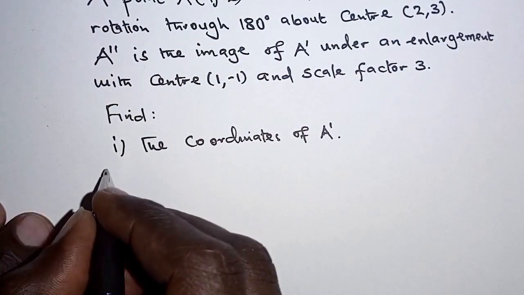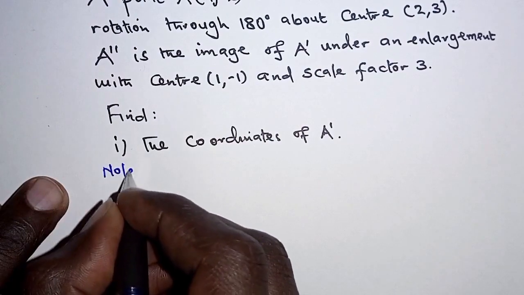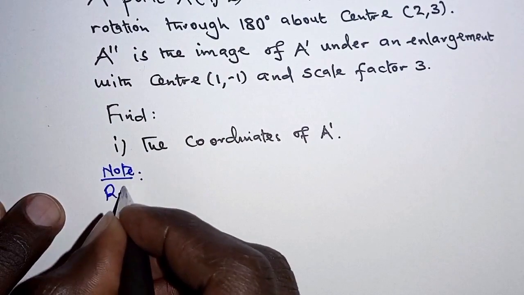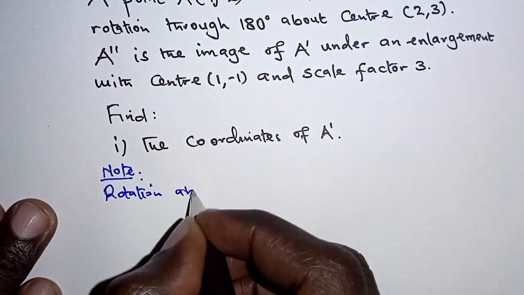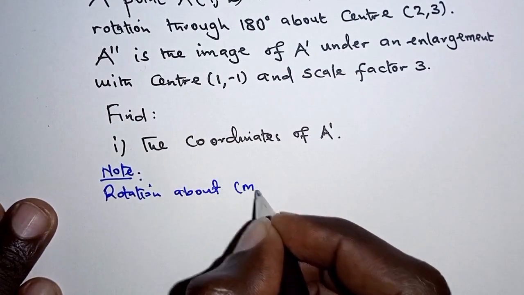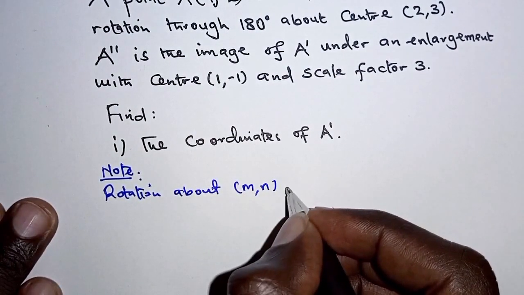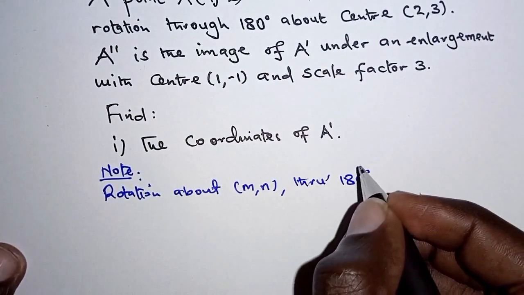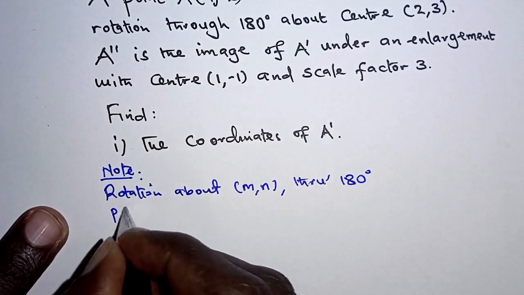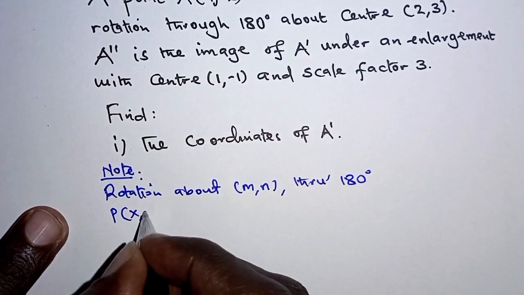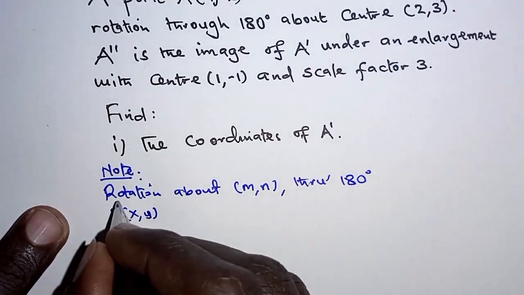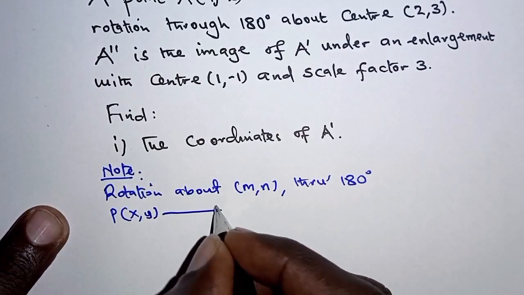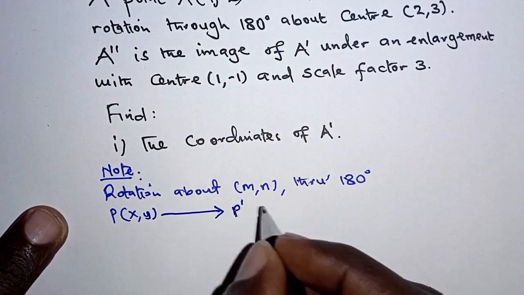First, I want us to note, given a rotation about a point, say (M, N), through 180 degrees, a general point, say P, whose coordinates are (X, Y), under the same transformation, will be mapped onto its image, P prime.